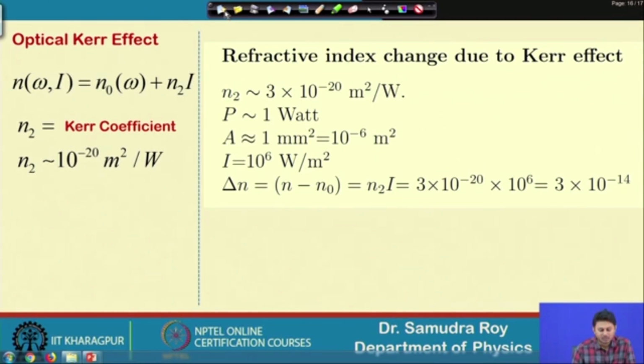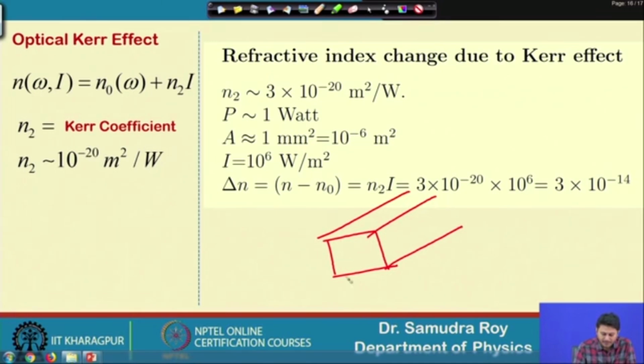Normally when we use a very tiny waveguide or fiber, then the area is, for example, this is a structure of a waveguide, say a planar waveguide, and we launch the light here in this place. What happens is that the light will be confined inside this waveguide.